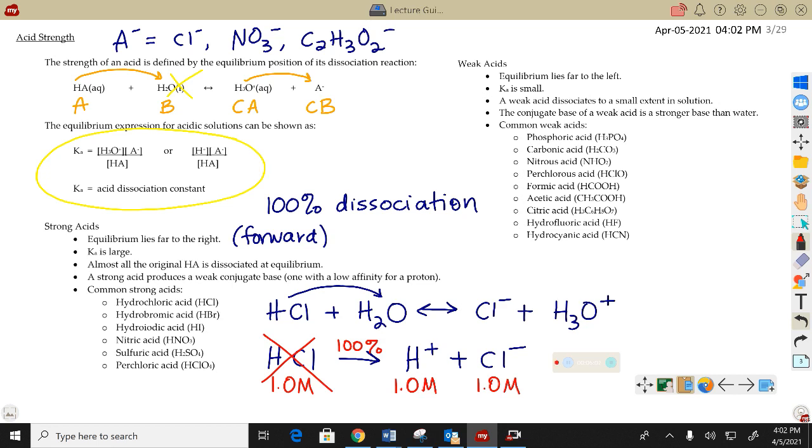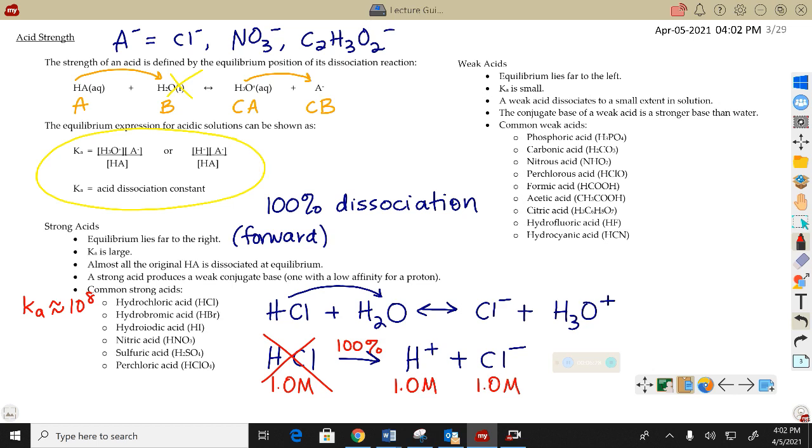And so we're going to get a ginormous K value. In fact, for HCl, Ka is approximately 10 to the 8th power. It's a really big value, meaning that it's almost all ion, where essentially we do say that these pretty much just go to completion. Almost all the original acid is dissociated.